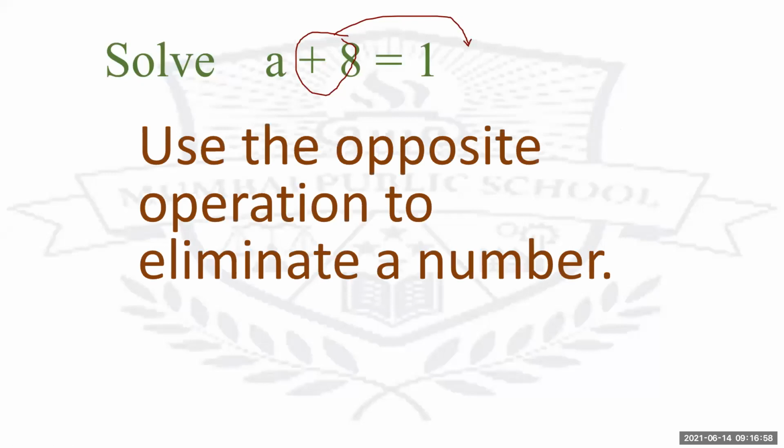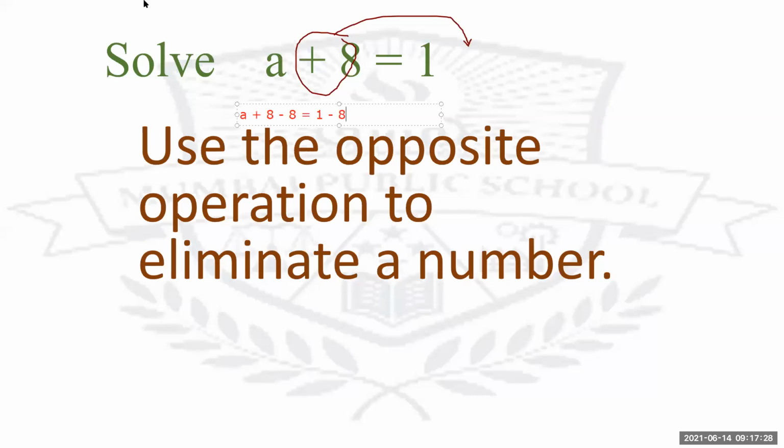Now check, on your left hand side, it is plus 8. So what is the opposite of plus 8? It is minus 8. So a plus 8 minus 8 equals 1 minus 8.